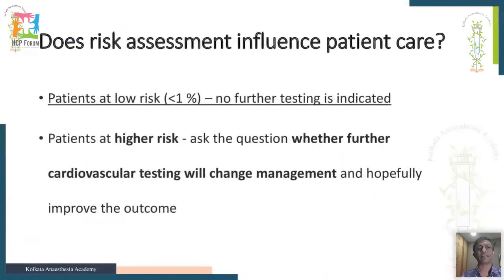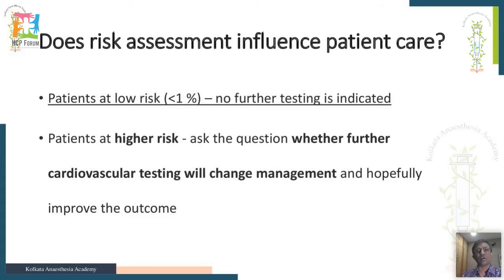And the take home, or decision making, is that for patients with a low risk, which is less than 1%, from both the patient characteristics as well as the surgery when put together, you possibly do not need any further cardiac testing, and the person can go ahead and undergo the non-cardiac surgery.